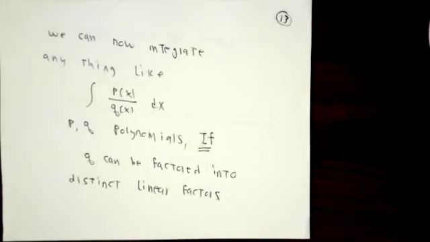So we're getting somewhere now. We can integrate anything that looks like the integral of p of x over q of x with respect to x, where p and q are polynomials, if the polynomial on the bottom can be factored into distinct linear factors. If it's like that, we know what to do now.